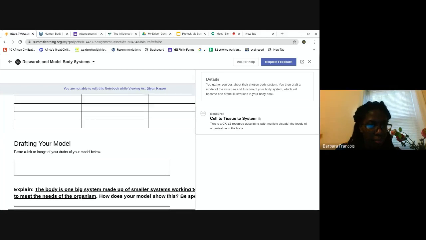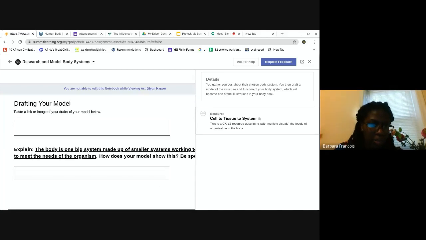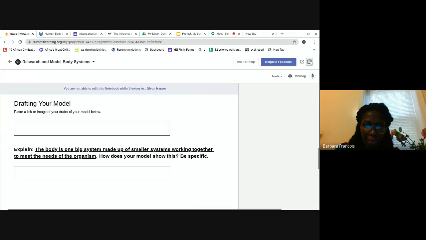this space right there and explain: the body is one big system made up of smaller systems. Here, meaning if you talk about systems, smaller systems, the organs, working together to meet the needs of the organism, you as a whole. We need our respiratory system to be able to breathe so we can function as a whole.